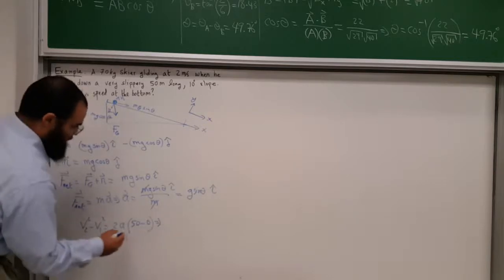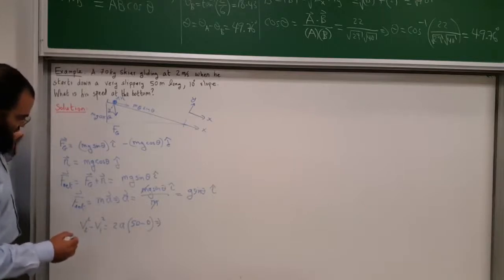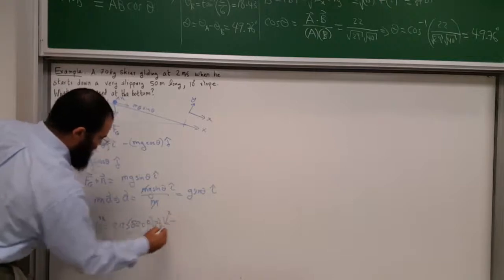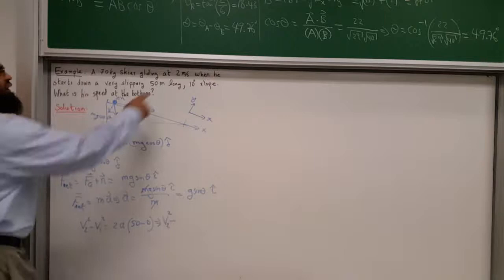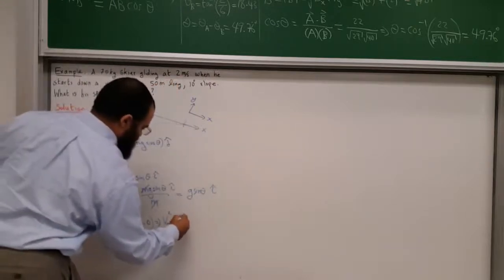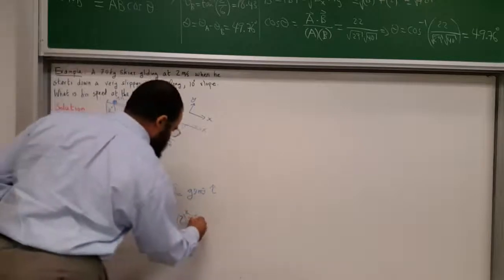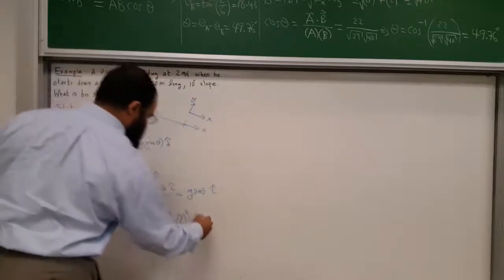So you get v2 squared minus v1 squared. V1 was 2, so 2 squared, equals 2 times the acceleration, but the acceleration is g sine theta.